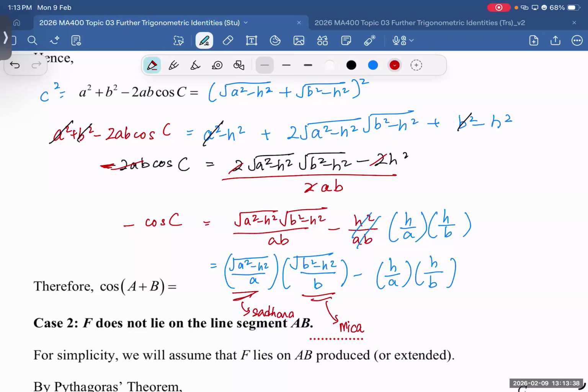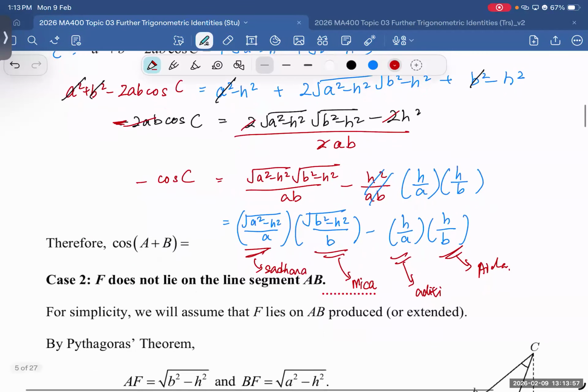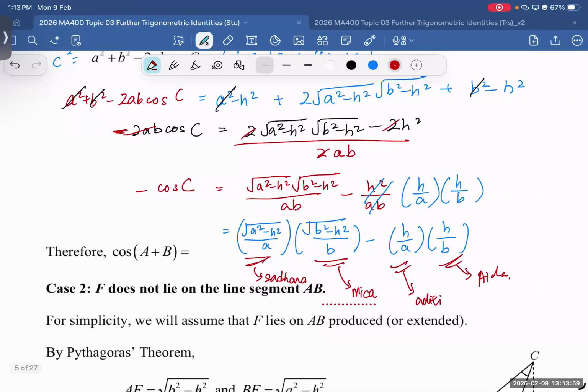Third, Aditi, express this as a single trigo ratio. Number 4, Aiden, express this as a single trigo ratio. When you are ready, you tell me. The rest also you try. Okay. What is this equals to?